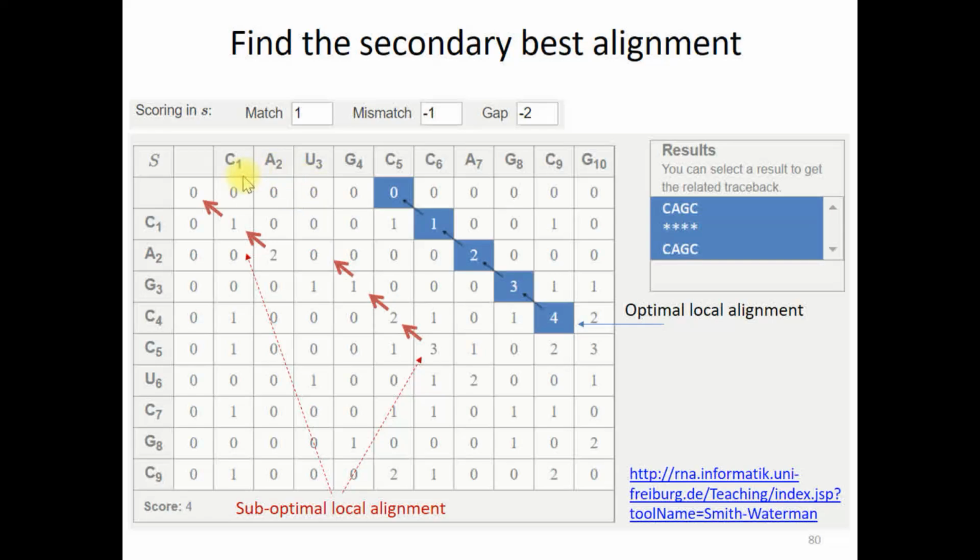So in fact, at this time we can see that all the backtracking is local, and the resulting alignment is also local. Therefore, unlike a global comparison, we can also get a suboptimal local alignment in addition to the optimal alignment.